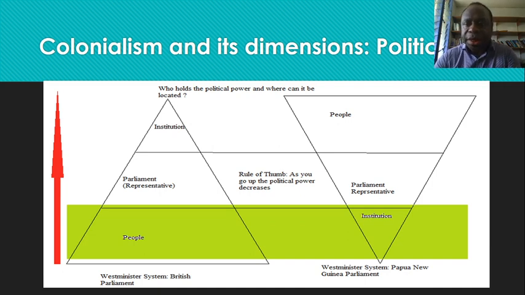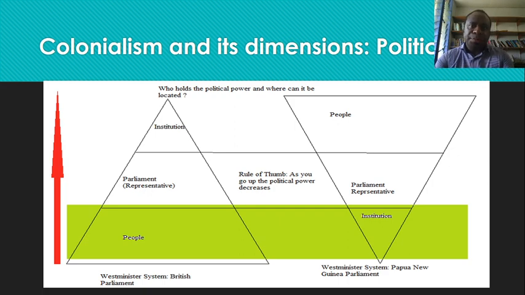This is not so in Papua New Guinea, where the leader or public figure usually runs to the courts first before resigning from office. So that speaks highly of where political power lies.